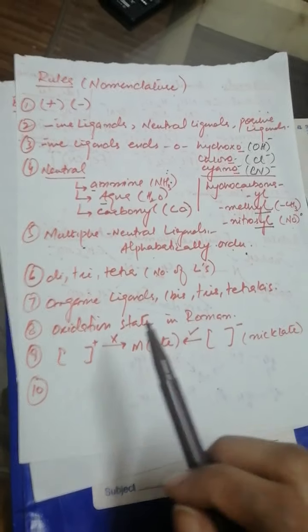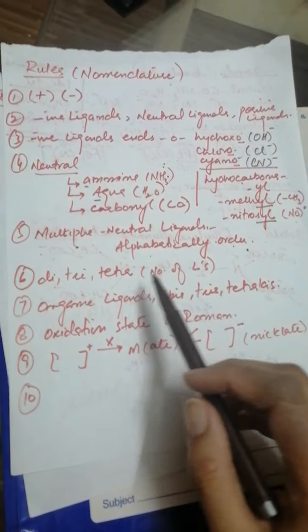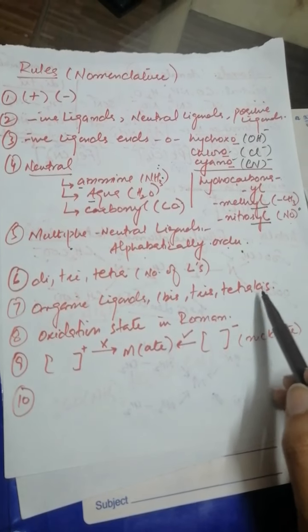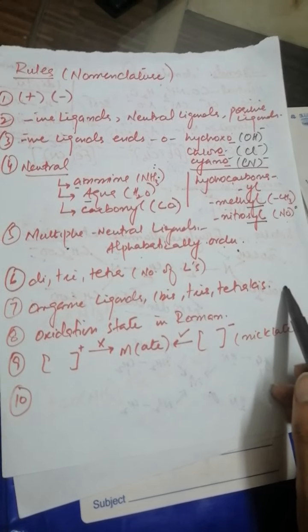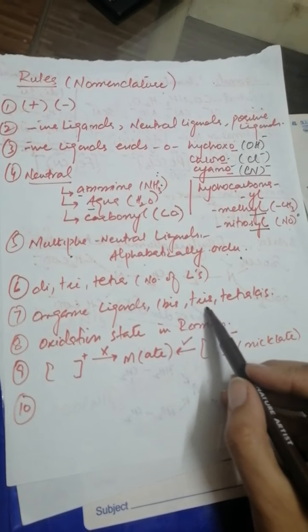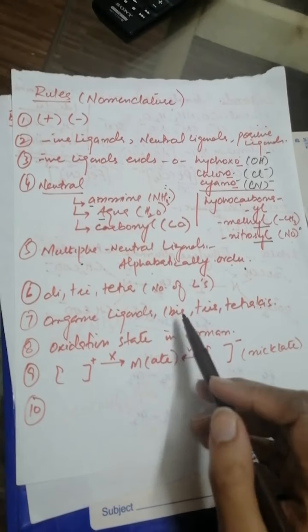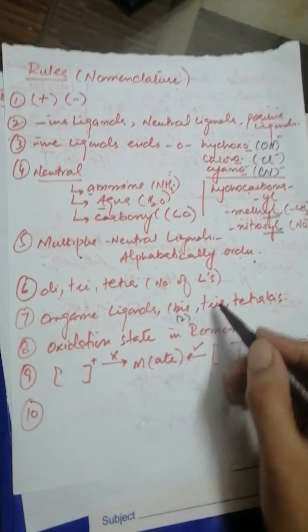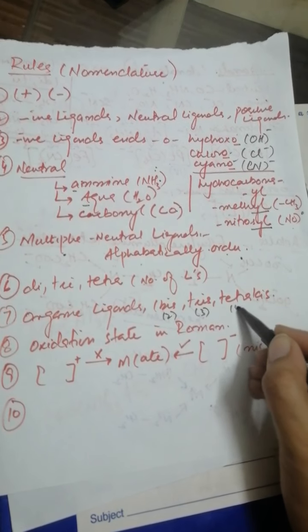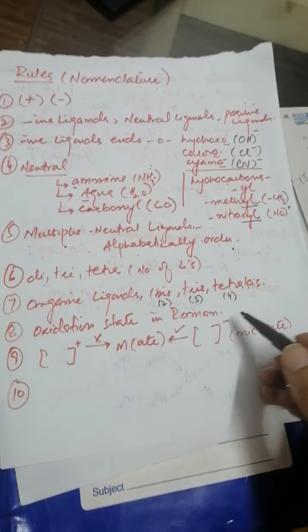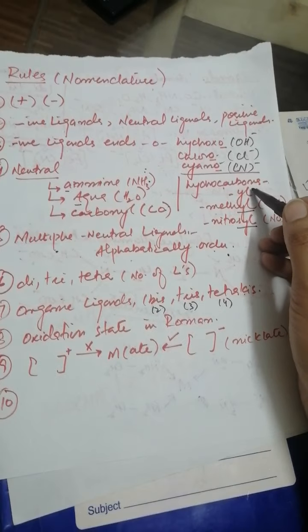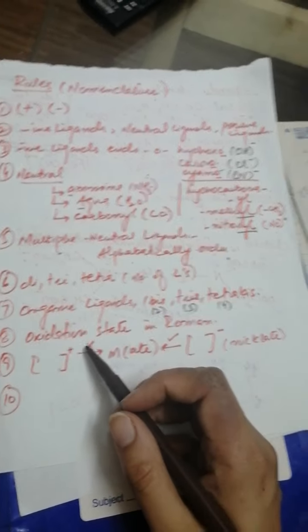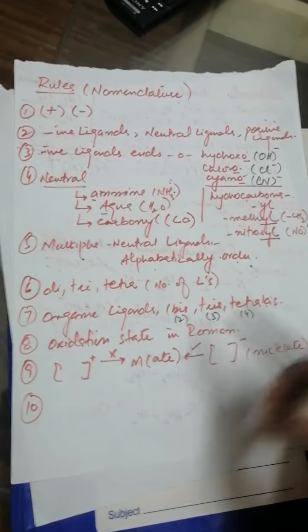If your ligand is organic, then you need to change these di, tri, tetra to bis, tris, and tetrakis, right? So bis means 2, tris means 3, and tetrakis means 4. This is just for organic ligands, not for the simple ones.